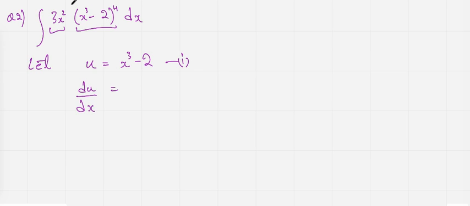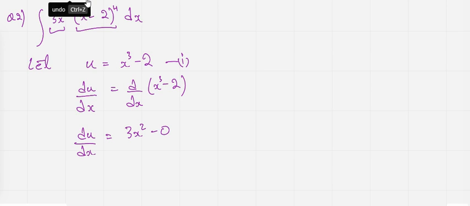Okay, so let's do it here, and you see that du by dx is equal to, now you just apply your derivative on x cubed and the derivative on your 2, so you're getting 3x squared minus 0, that is of course simply 3x squared. So you see your du is equal to 3x squared dx.